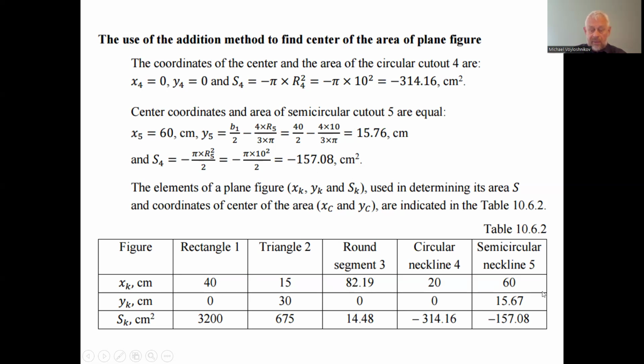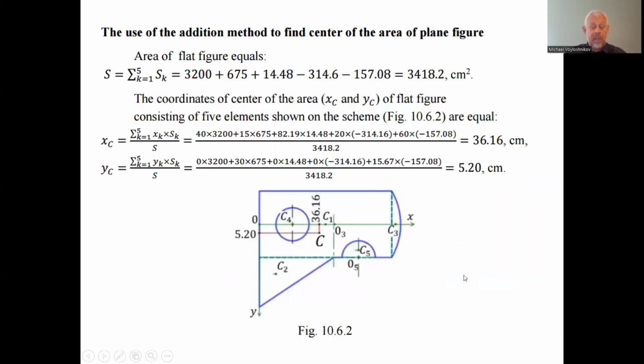This is the final table of the areas and the ordinates and abscissas of these figures and the cutouts. When we substitute in the formula, we can find the area. The total area of this figure is 3,418.2 centimeters squared, with the minuses for the cutouts.